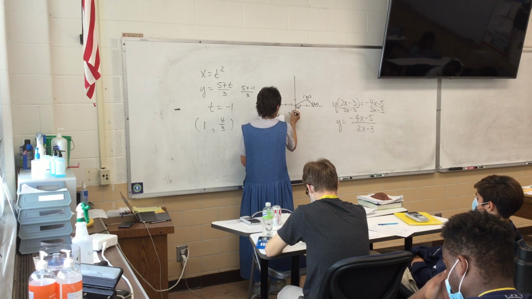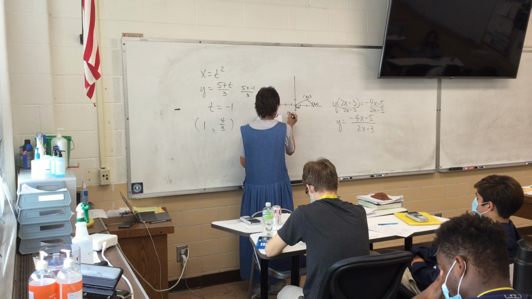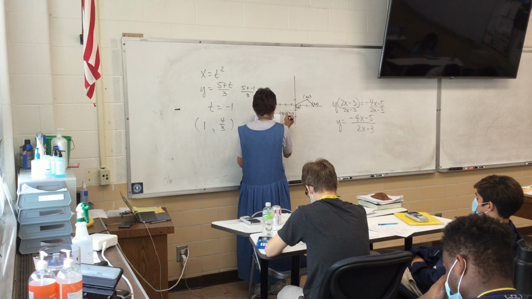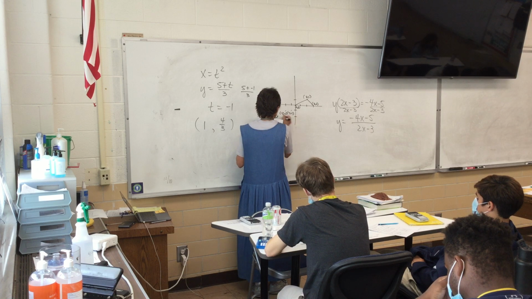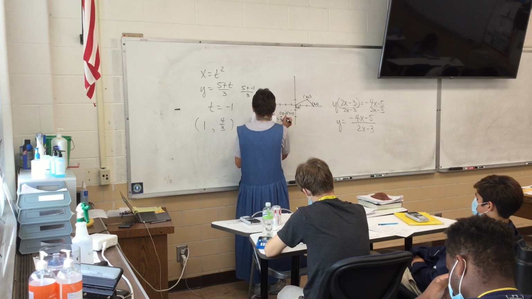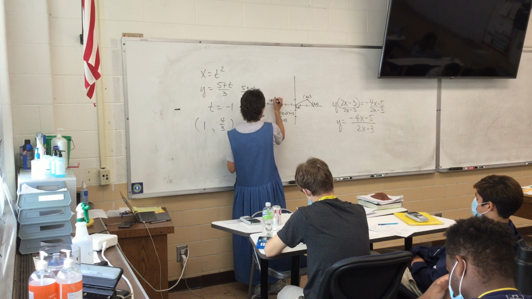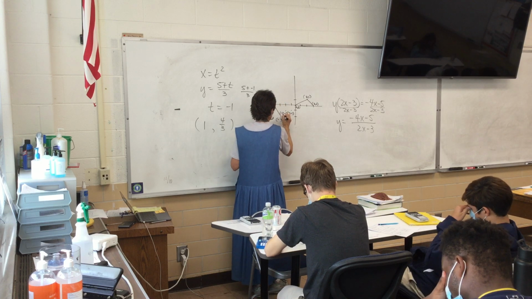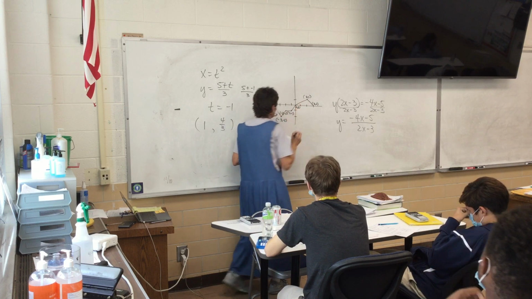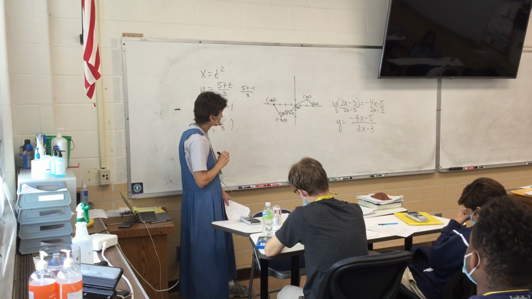And then we have negative 1, negative 1. Negative 2, negative 1, negative 3, negative 2, and 1, 2, 3, negative 4, 0. So there's my picture.